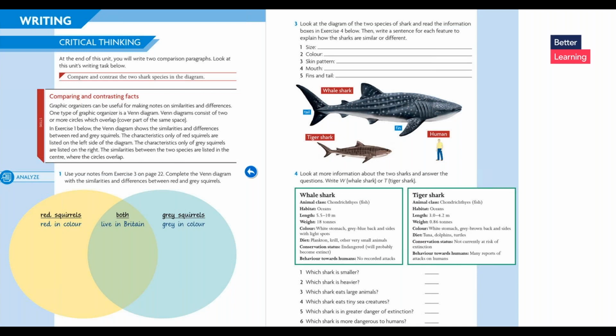Then there's a box which explains what the particular sub-critical thinking skill is being looked at. So again, it's that useful takeaway information which the students can use and reflect on at home and apply when they are doing the particular task. Then if you look on the left-hand side, you'll see analyze there.